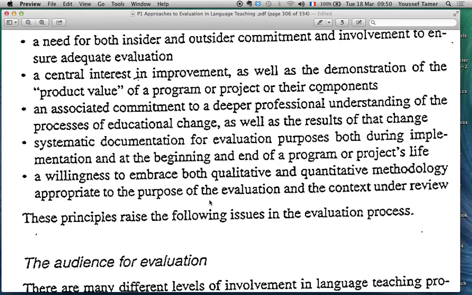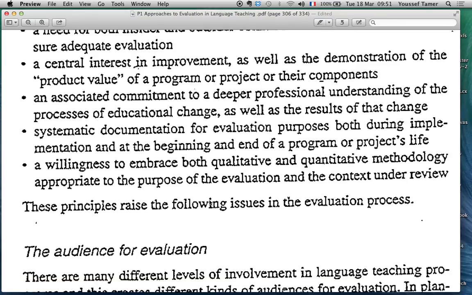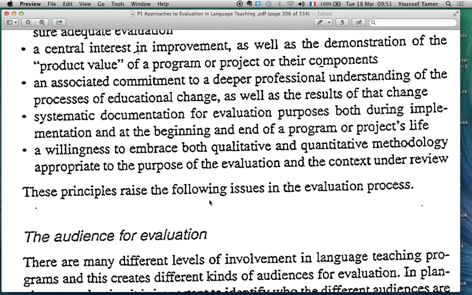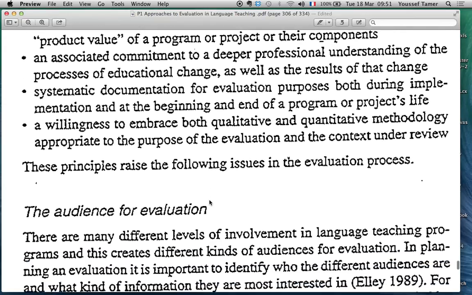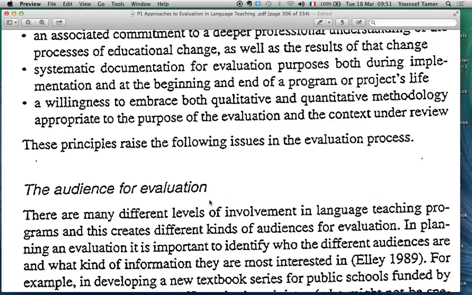Now here it's general, so as I told you, there are always new pedagogies, new approaches, new techniques, so how much is this commitment of the ministries and teachers? It's an issue. Systematic documentation. Talking about documentation, and we're going to refer to it again later. Documentation for evaluation purposes, both during implementation and at the beginning of a program or project's life.